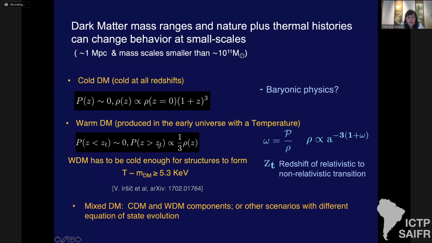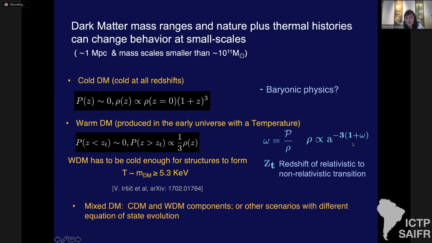Then there is some redshift, let's call it z_T. z_T is the redshift at which there is the transition between relativistic and non-relativistic dark matter. And so at this redshift, the pressure is proportional to 1/3 of the energy density. And this is obvious to see because this is the equation of state, which is pressure over density.